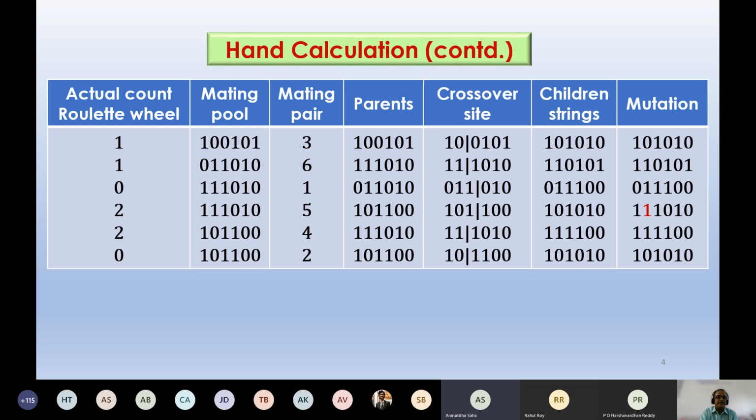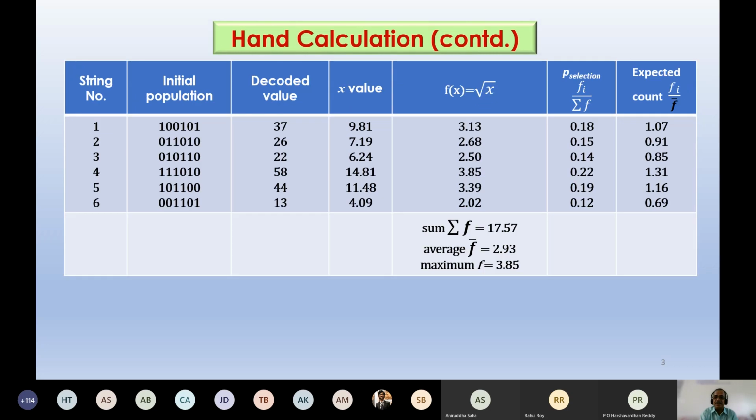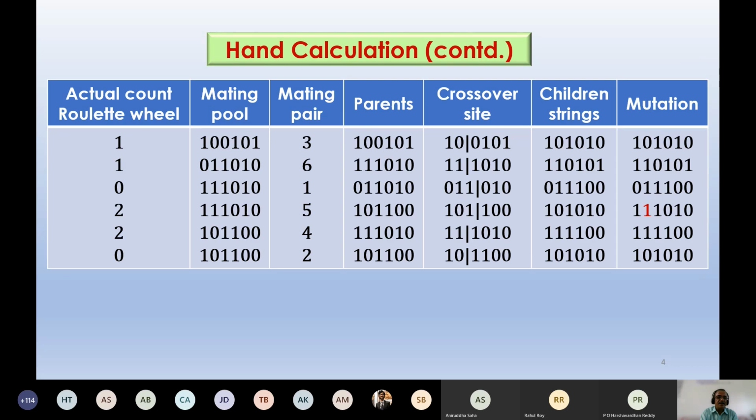Can you just tell me about the column of the roulette count? The column of the roulette count is actually the probabilistic count, the expected count. And the actual count cannot be a fraction. So in place of 1, you can see I have selected the actual count as 1.